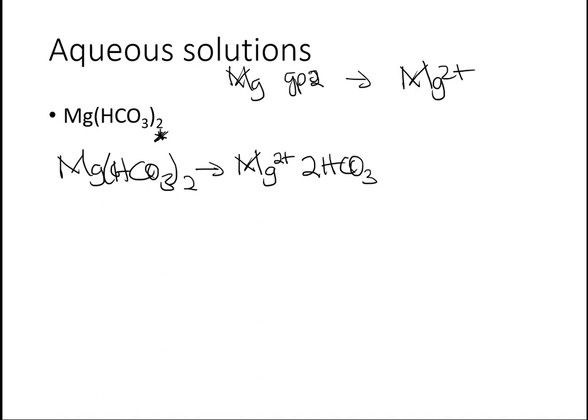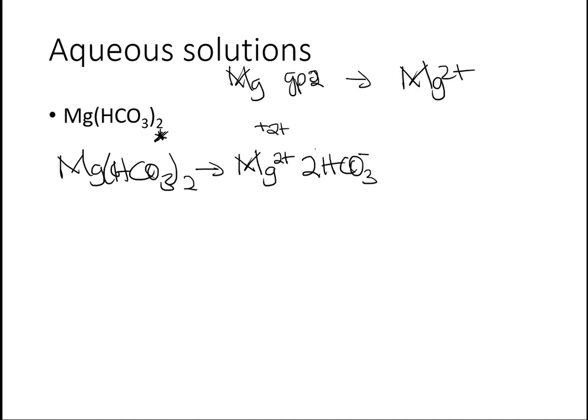Now, we know that the charge of Mg is 2 plus. Here we have 2 of the HCO3, which means each one of it has a charge of -1. So we just put -1 here. Because we need 2 of them to cancel the 2 plus of magnesium. So each one is contributing a -1.